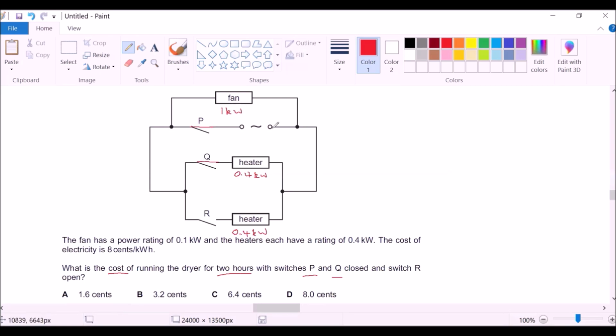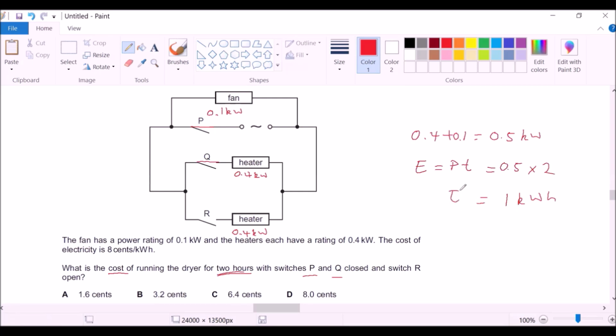The total power will be 0.4 plus 0.1, which is 0.5 kilowatt. Energy is equal to power times time. Our power is 0.5 times our time is 2 hours, which will give us 1 kilowatt hour.